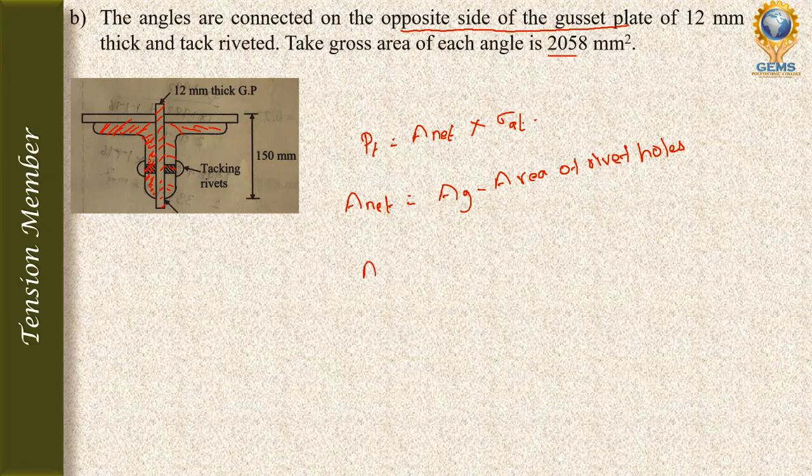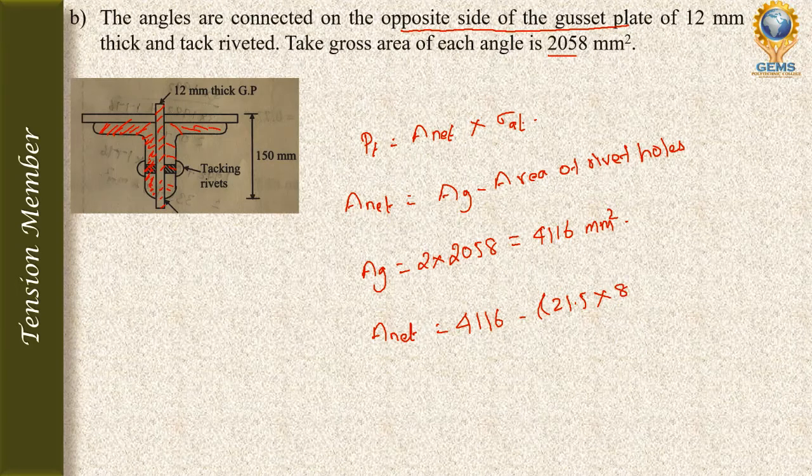So here AG is given as 2058. For one angle it is 2058. If it is two angles, it means 2 into 2058, you will get 4116 mm square. So the area of the gross we know. So area of net is equal to the area of the gross, 4116, minus, here the diameter of the rivet hole is 21.5 into the thickness, that is 8 mm.